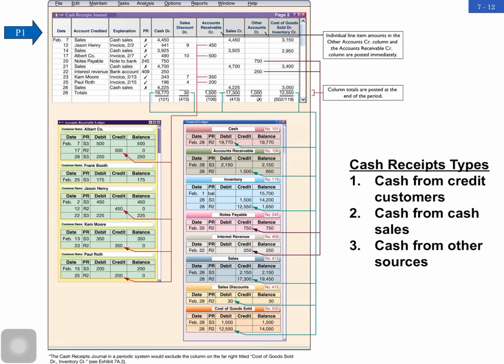As I mentioned previously, in the special journals we have the sales journal, purchase journal, cash receipt journal, and cash disbursement journal.